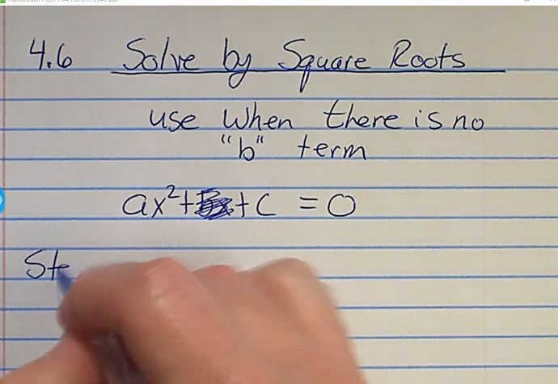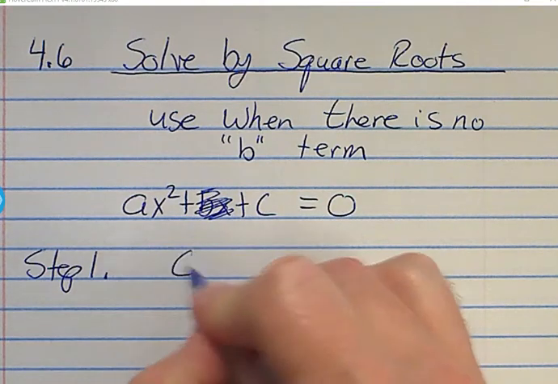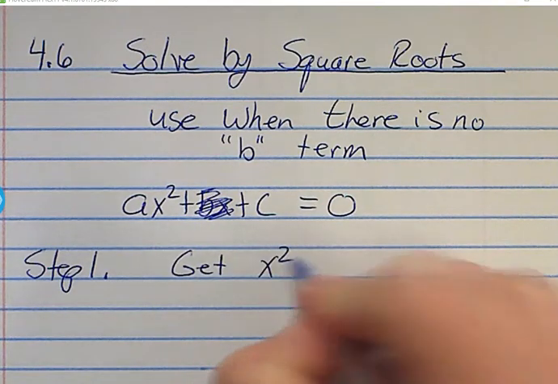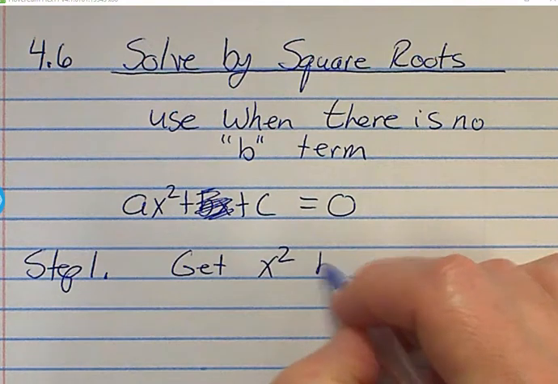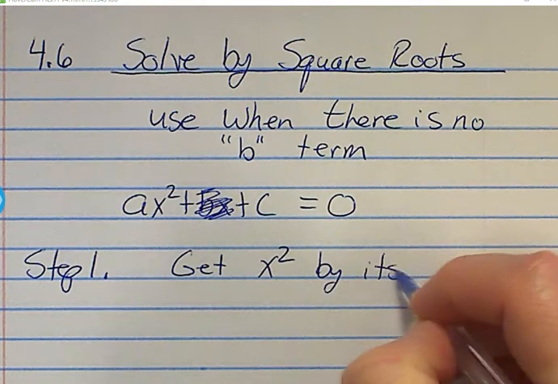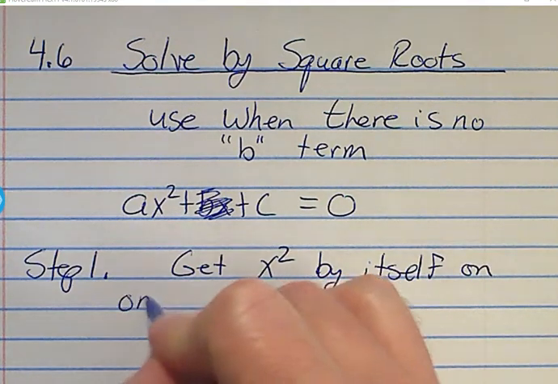And for this one, here's the steps you're going to go through. Okay, really it's only 2 steps when it comes down to it. When they ask you to solve by square roots, you're going to get the x squared term by itself on one side of the equation.